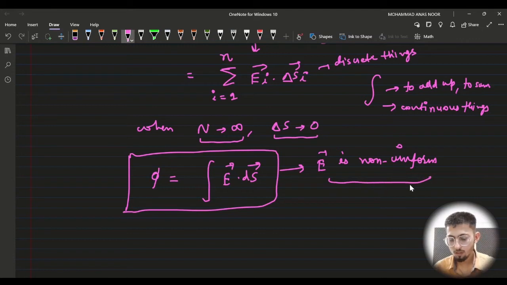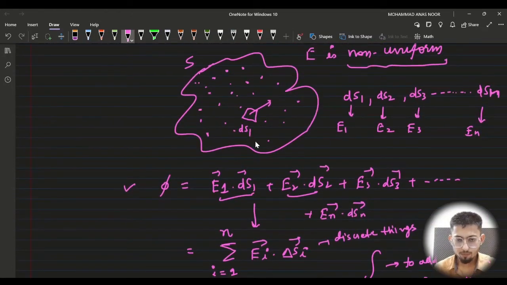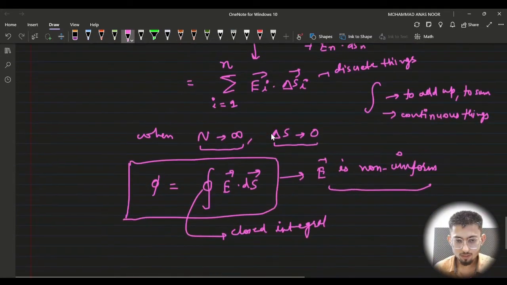So in the textbook, why is there a circle on the integral? Actually, the circle means the closed integral. It is just a notation to mean that we would have to take each one of the parts in this closed surface. We cannot leave anything. And why is there an S underneath it?